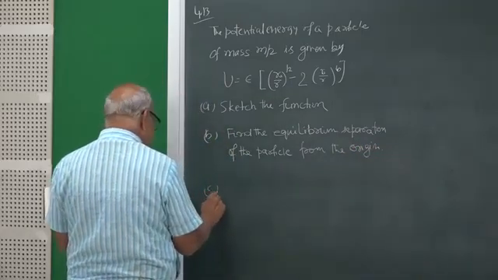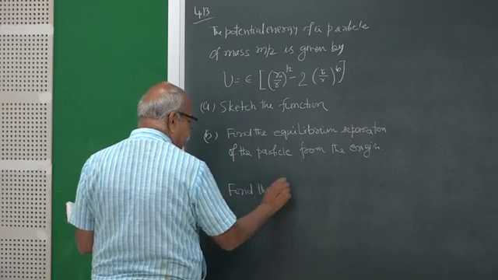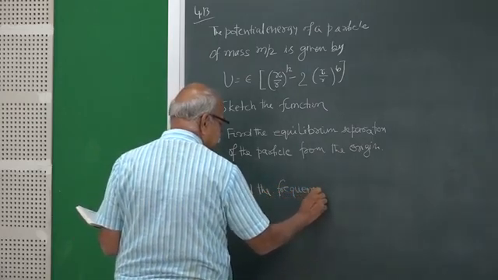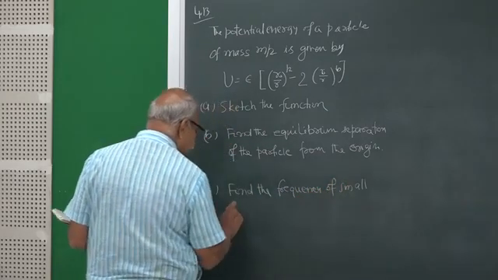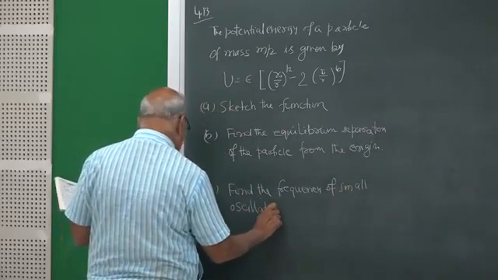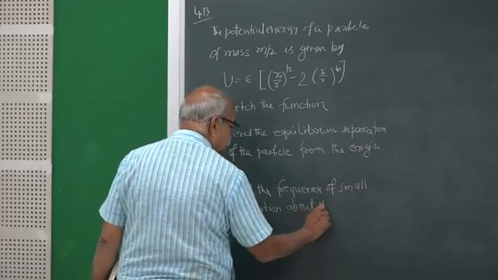And the third part is, find the frequency of small oscillations about the equilibrium point.